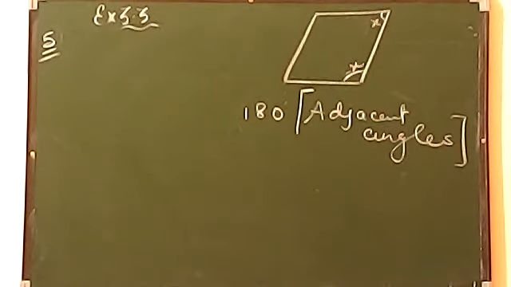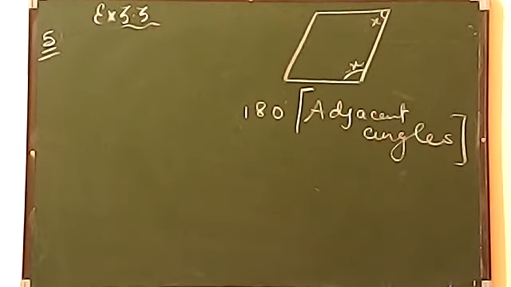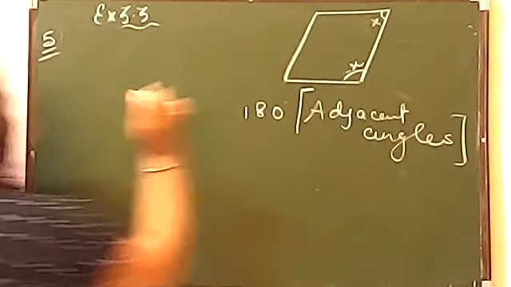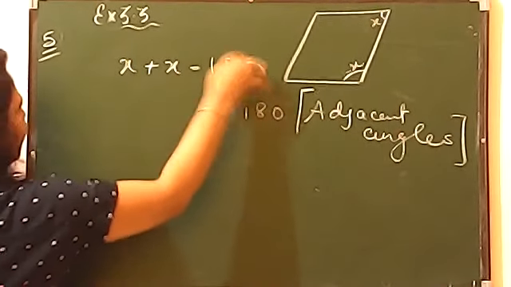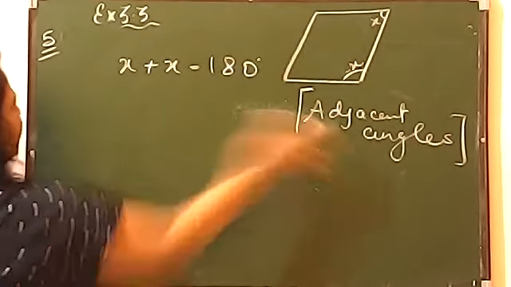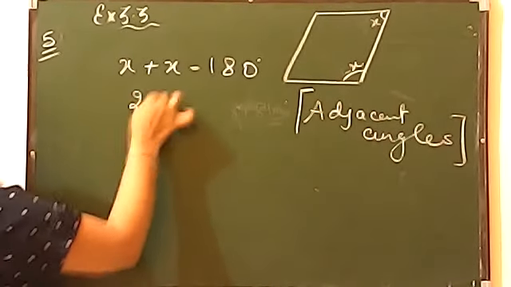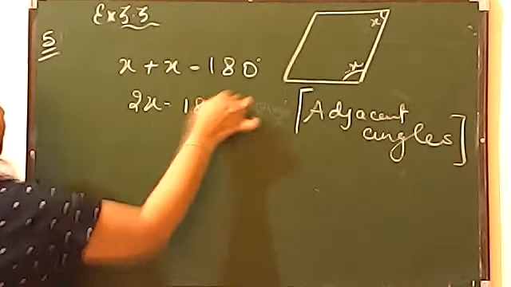It says two adjacent angles of a parallelogram have equal measures. So it means x, both the same. So x plus x is equal to 180. The reason is adjacent angles are supplementary. So 2x is equal to 180.